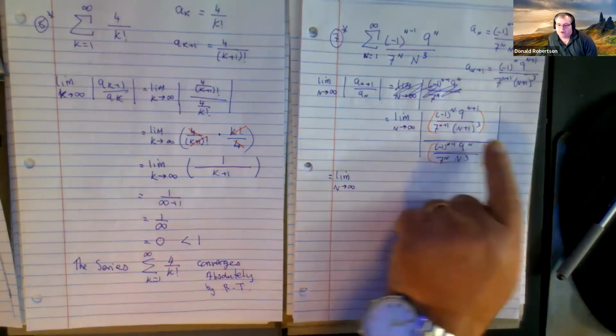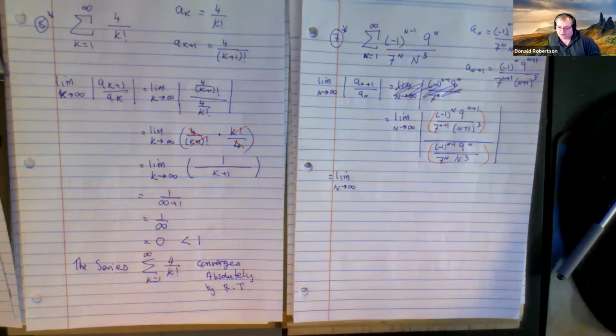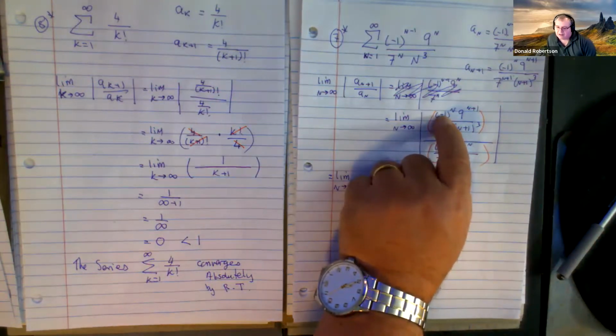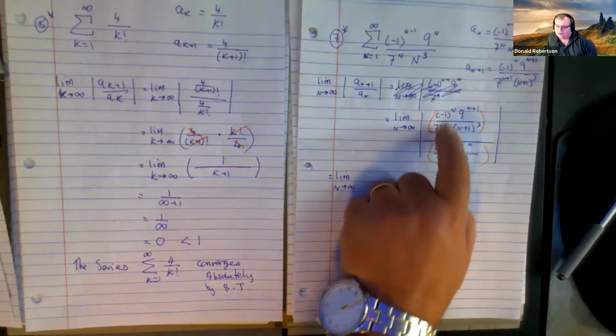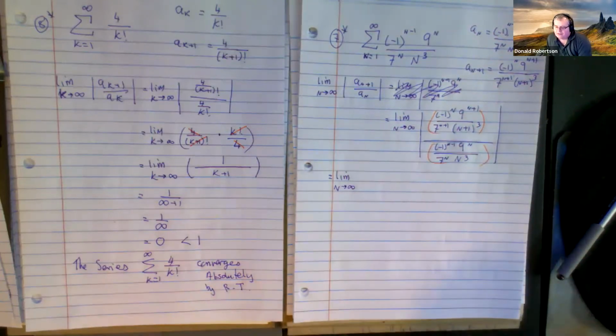This absolute value, if you remember what that does, it just makes the answer positive. So do you see this -1 to the n guy and this -1 to the n minus 1 guy? See these two -1 guys? If you stick an absolute value around them, don't they basically just turn into the number 1, which means they don't matter, right? Because 1 times 9 to the n gets you 9 to the n.